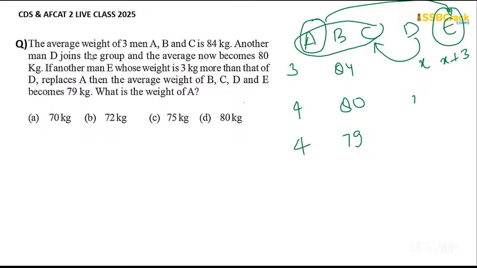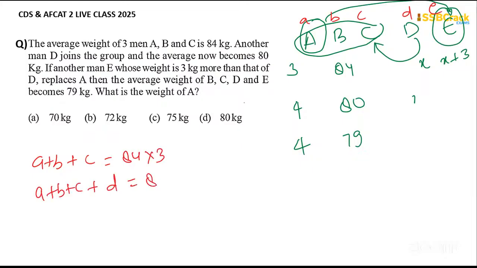Let their weights be A, B, C, D, and E in small letters that we write. We know that the sum of A plus B plus C, because it is 3 initially and the average was 84, will be 84 into 3. And the sum of A plus B plus C plus D is 80 into 4.